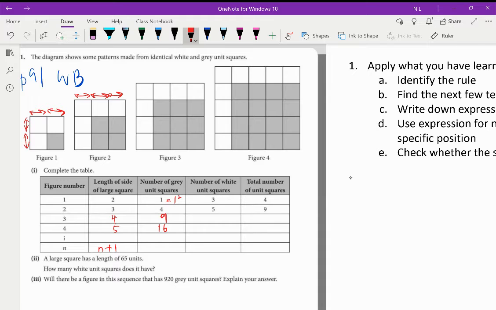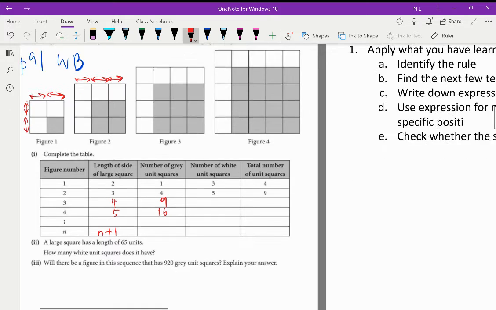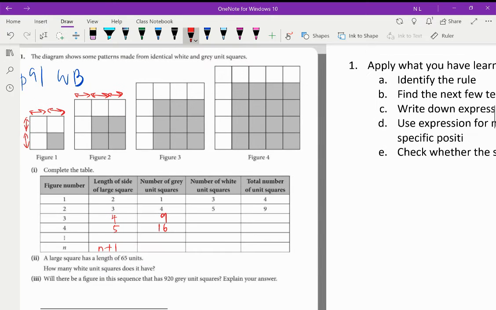So 1 is 1 square. 4 is 2 square, 2 times 2. 9 is 3 square. Okay, let me write these numbers below so that you won't be confused.